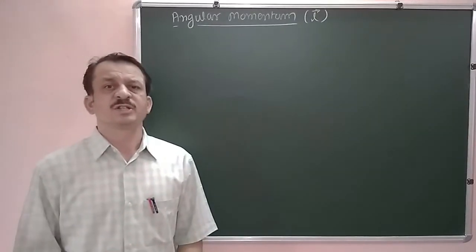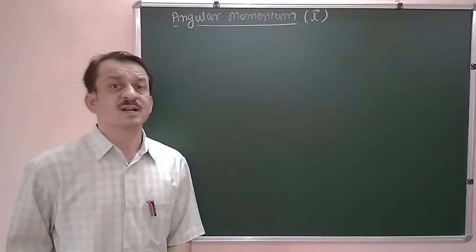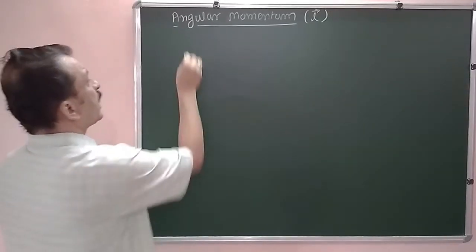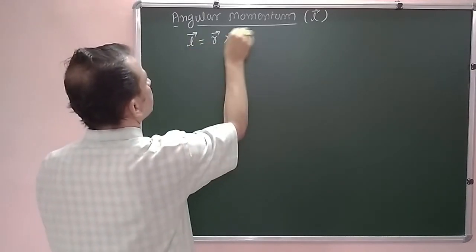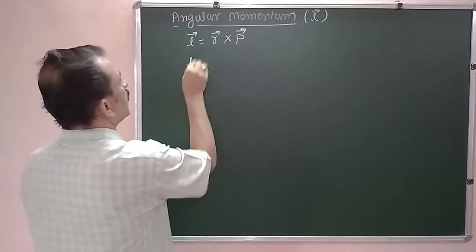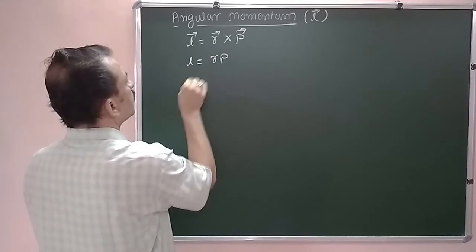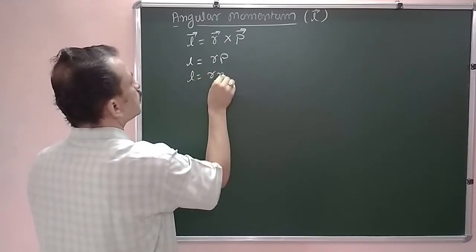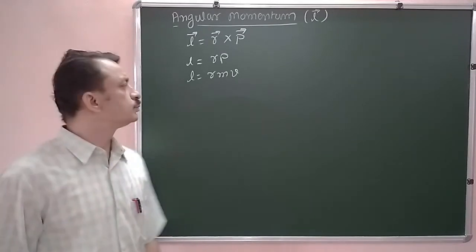Now last concept in this chapter, angular momentum and its conservation. Angular momentum is the vector product of position vector and linear momentum, and its magnitude is given by r into p, which is equal to r into m into v, that we know.